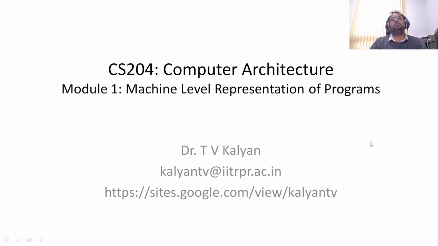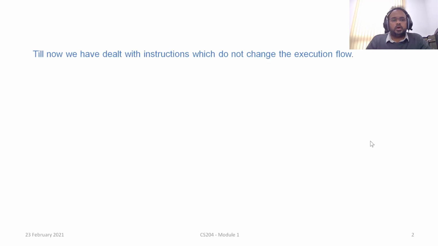Now in this lecture we are going to look at another class of instructions that have a totally different purpose. All the instructions we have seen so far, the ALU and the load store instructions, once they get executed, the hardware will go to the immediately following instruction. We would call that a sequential instruction.